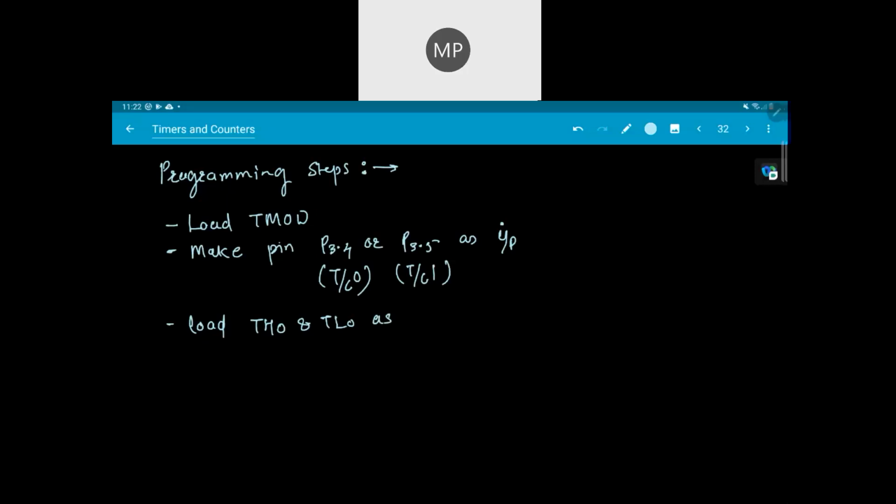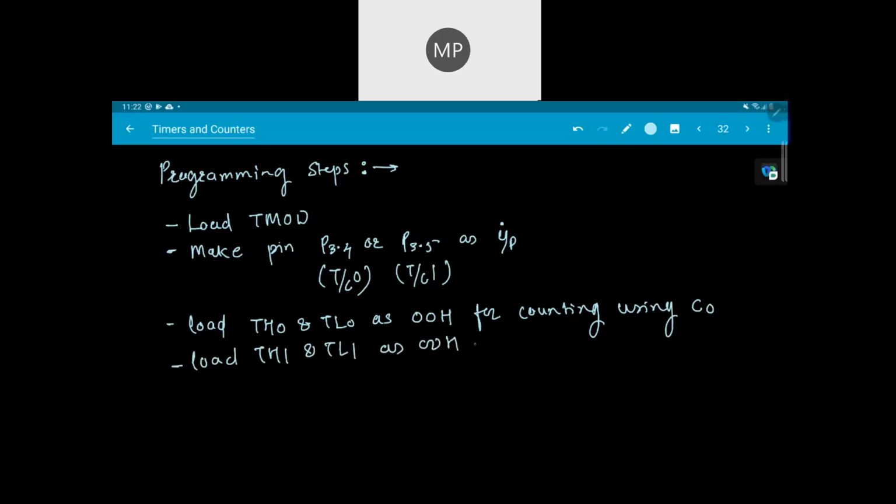Load TH0 and TL0 as 00H for counting using counter 0, and similarly load TH1 and TL1 as 00H for counting using counter 1, right?